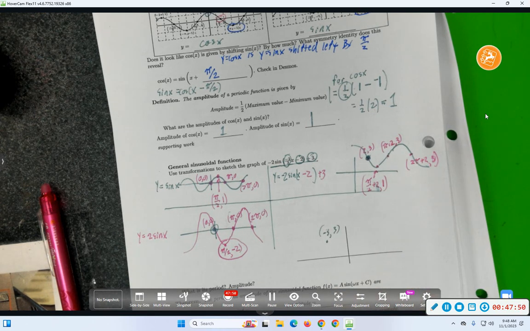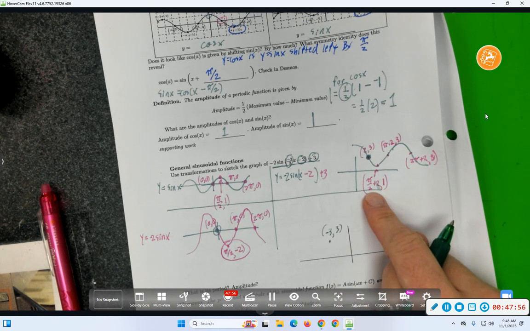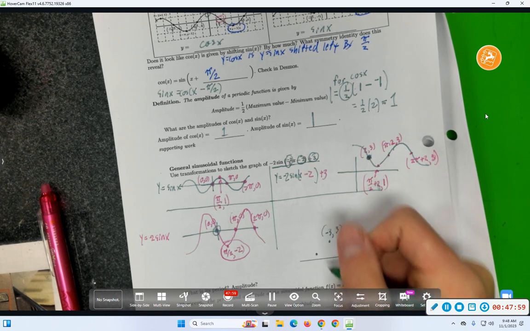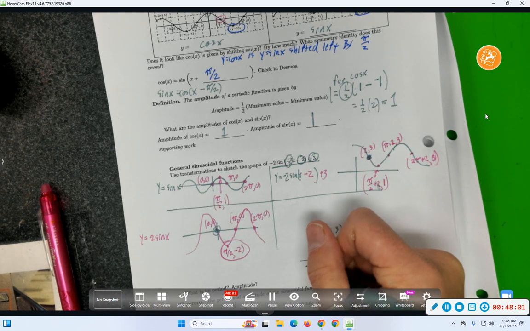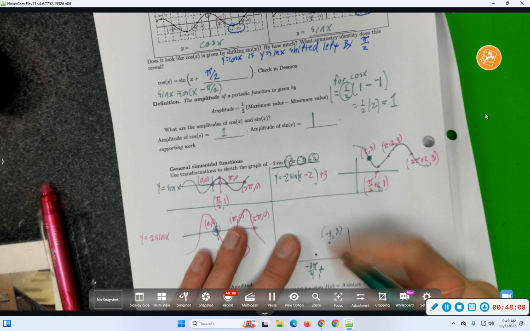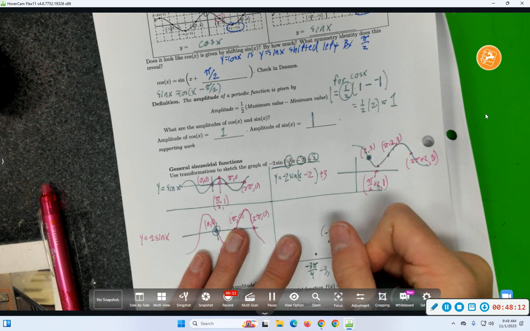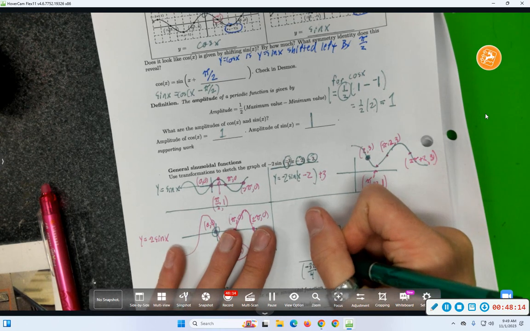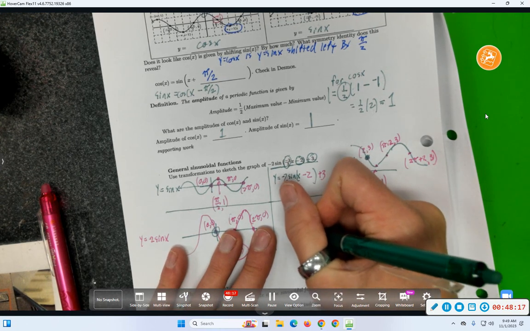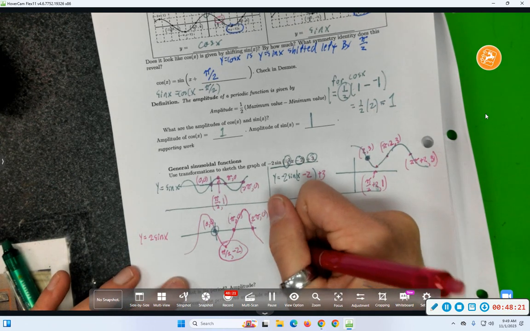And now let's just do the same thing for all the rest of them. And then it will generally repeat. Maybe I'll pay attention to where that is.